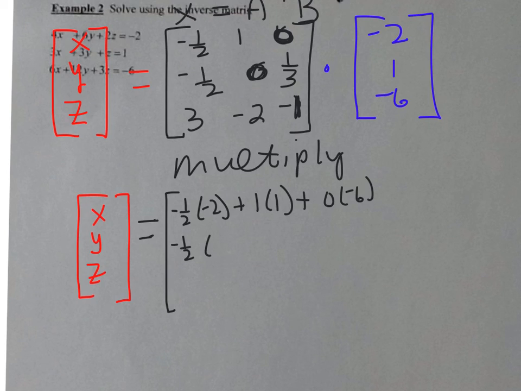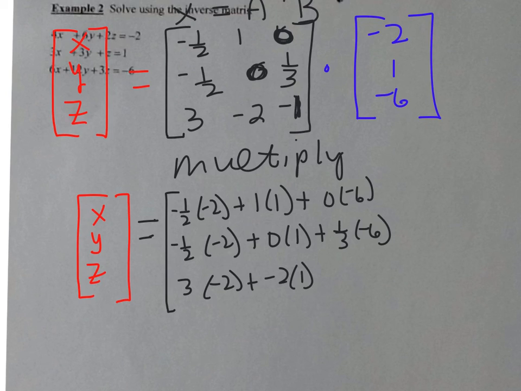Negative 1/2 times negative 2 plus 0 times 1 plus 1/3 times negative 6. 3 times negative 2 plus negative 2 times 1 plus negative 1 times negative 6.